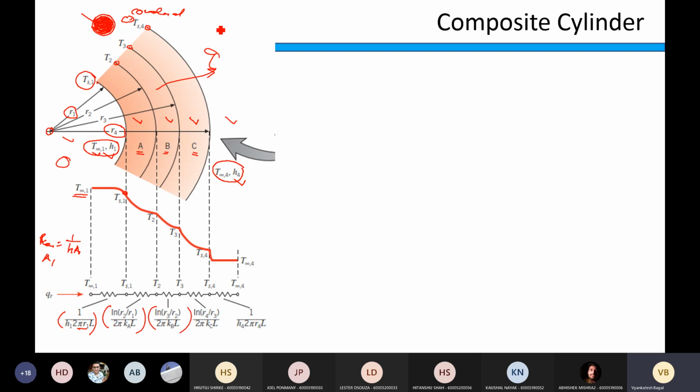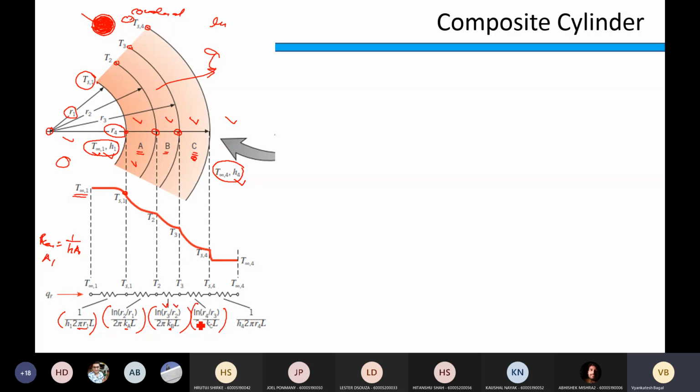So it is ln R2 by R1, meaning next radius divided by the initial radius, divided by 2 pi K L. So K is the thermal conductivity of portion A. Similarly, you can write the conduction resistance for part B. So it will be ln next radius divided by the previous radius, so for this thickness, R3 divided by R2, whole divided by 2 pi Kb, the conductivity of part B, into length L. So L is the same for all the radii, you know that. And next is the conduction resistance of portion C.